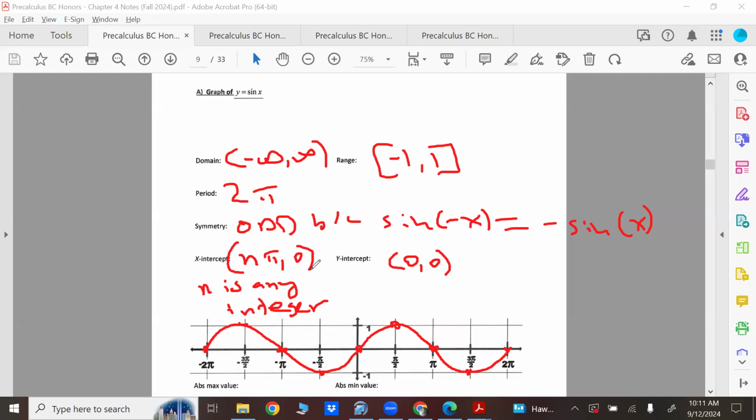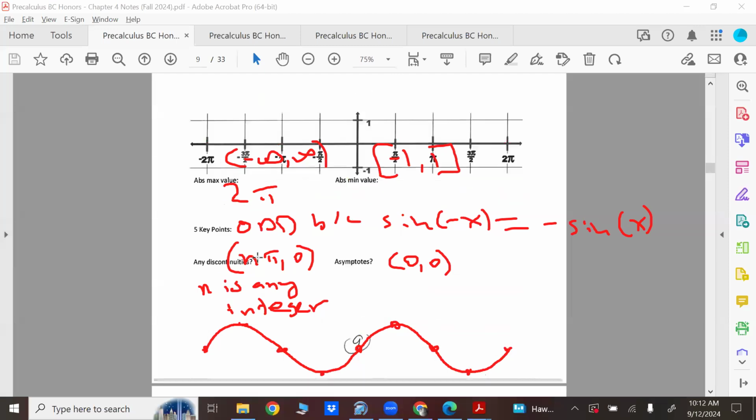The x-intercepts are (n pi, 0), where n is any integer, right? So n could be 2, 3, 4, 5, 1, 0, -1, -4, -5, whatever. That's a good generalization. We're going to use the letter n a lot in this class, or k. We can use that also, but I like to use n. Okay, all's good.